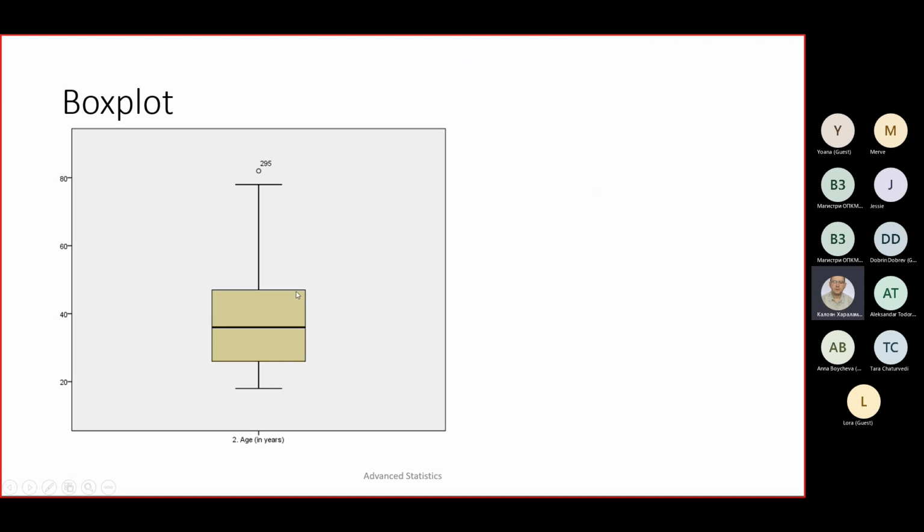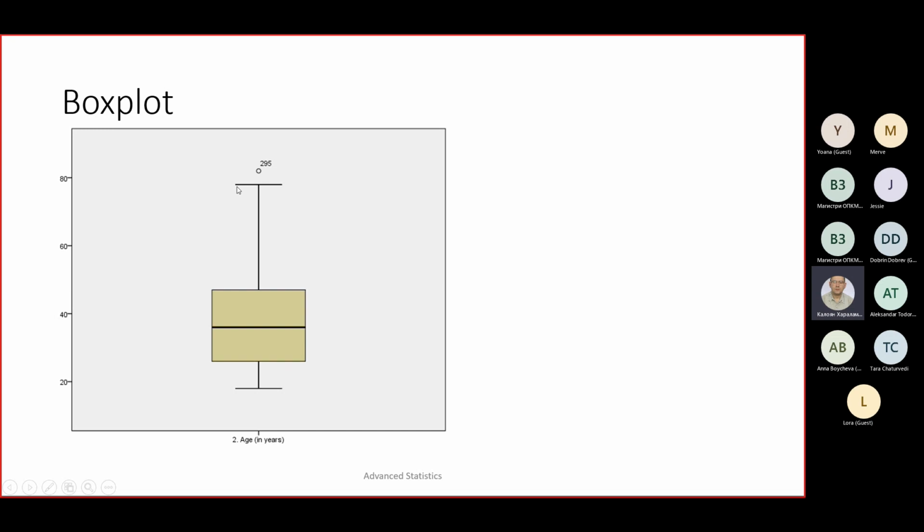So first quartile here shows the border between first quarter and the second quarter of persons. This line, median, shows the border between second and third quarters of persons. And this line, third quartile, shows the border between third and last quarters of persons, of population.